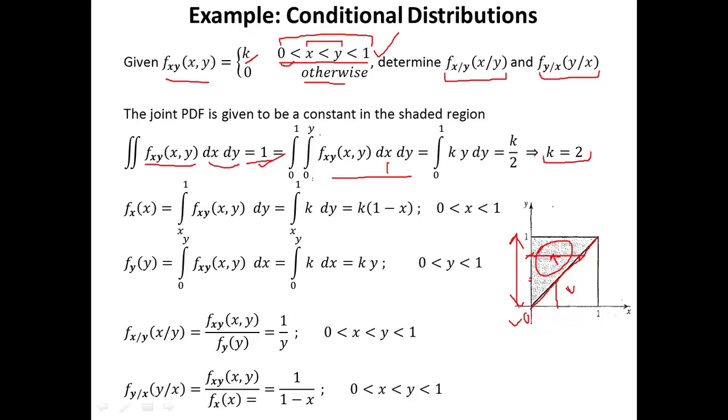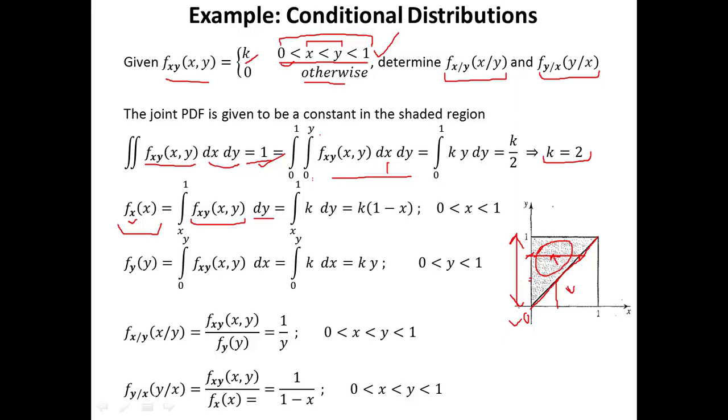So for this case, f(x), that is the density of random variable x, will be the integration of this joint PDF or joint density function with respect to random variable y, because we want only the density function in terms of x, so we need to integrate out any y dependency.